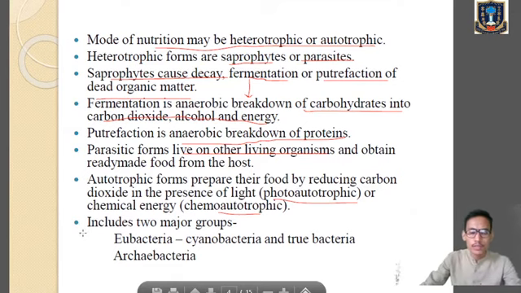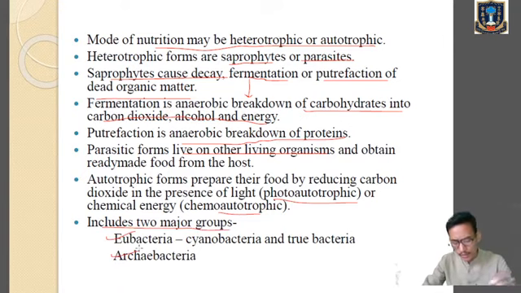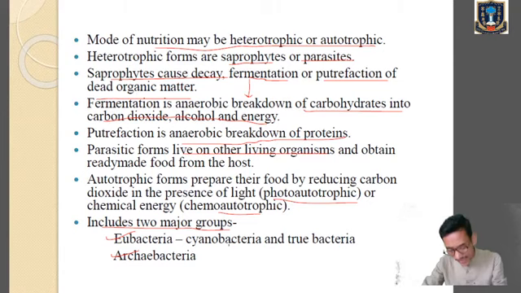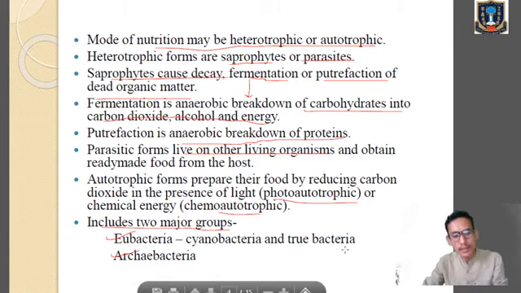Clear? So under Monera, we can include two major groups, eubacteria and archaebacteria. Eubacteria include cyanobacteria, or we can say blue-green algae, and we will find true bacteria.